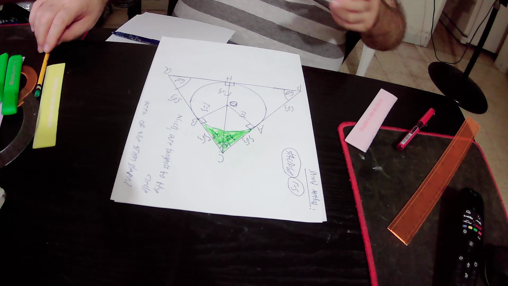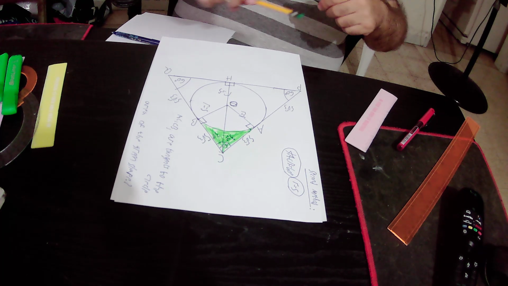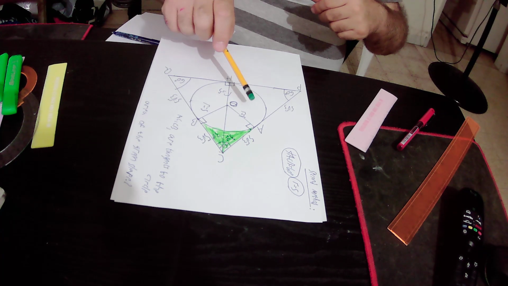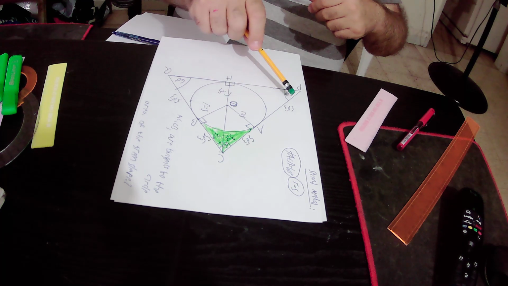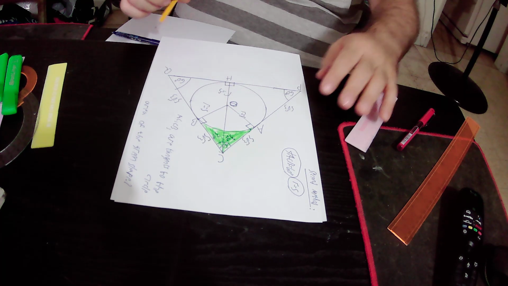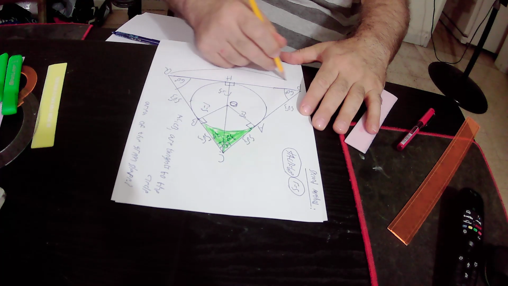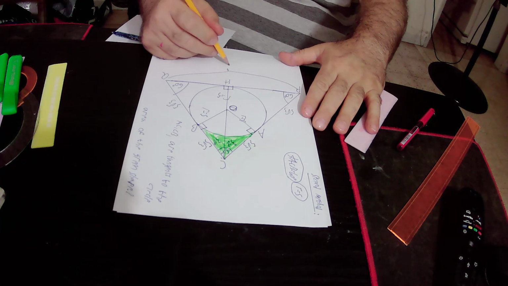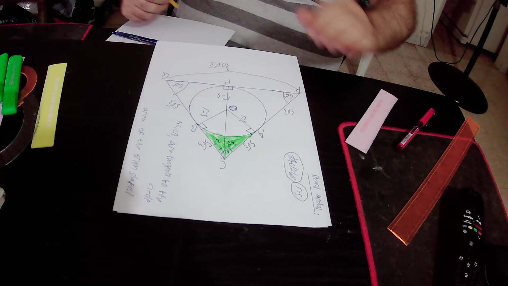And what is the size of one side of triangle CPQ? 5 times root 3 plus 5 times root 3 is 10 times root 3. So the side PQ will be also equal to 10 times root 3 units.